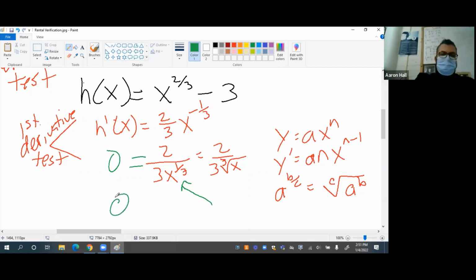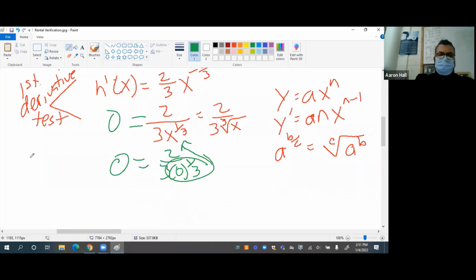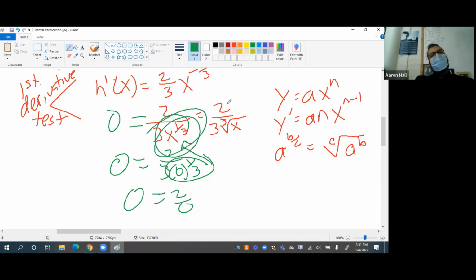That would give me 0 over 2 times 3 times 0 to the power 1/3, which is 0 in the denominator. So that gives me 0 equals 2 over 0, which is undefined. Is there no value I can plug in that will give me 0 equals 0? There isn't, right? But this is still a critical point.